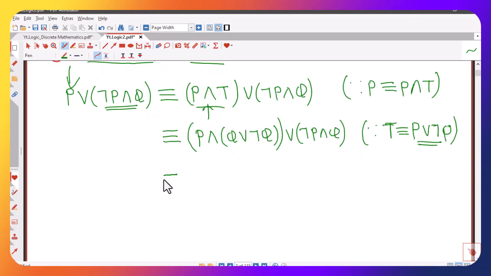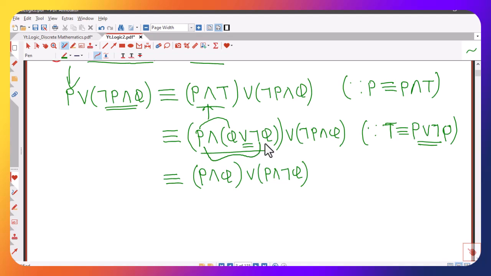Next step is to use distributive law, and this we can write as P and Q or P and negation Q, and we keep this as it is, negation P and Q. Now we can check whether any min term is repeating or not.